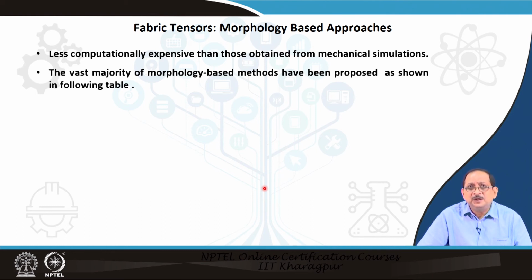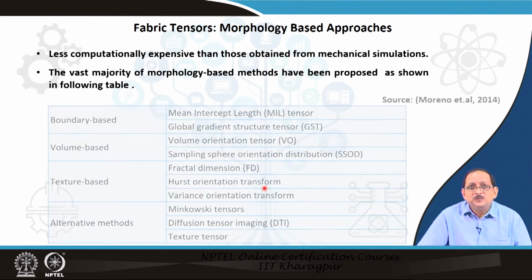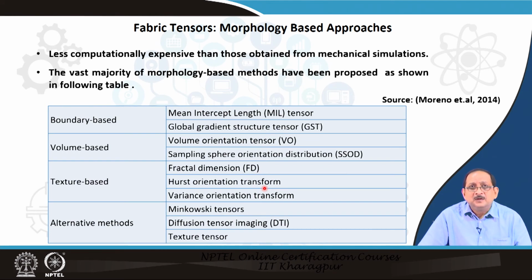A vast majority of morphology based methods have been proposed, as shown in the following table, out of which the boundary based methods, considering the mean intercept length tensor or the global gradient structure tensor, have been found to be popular.